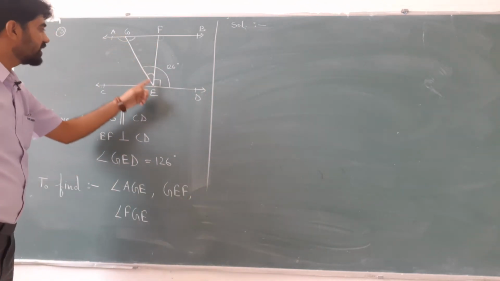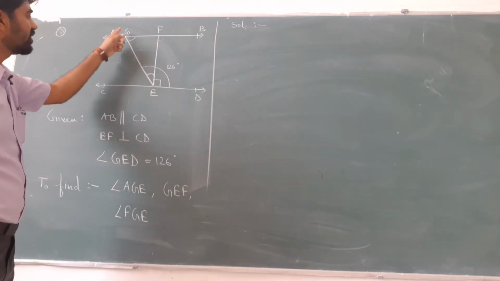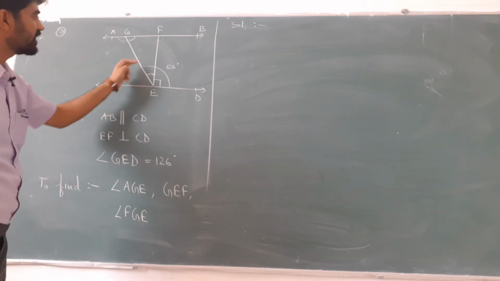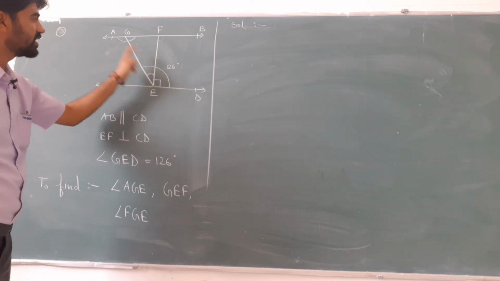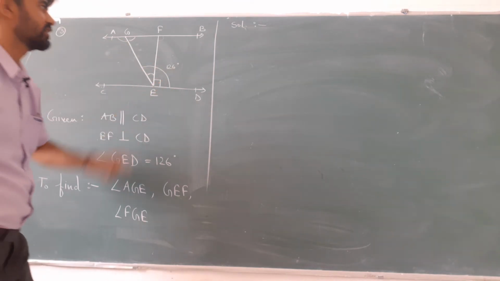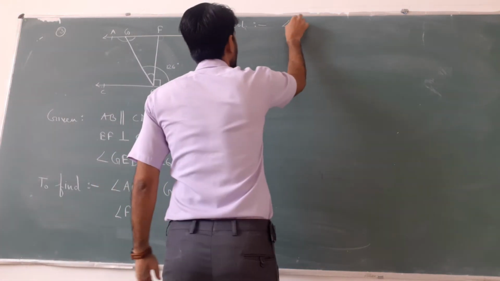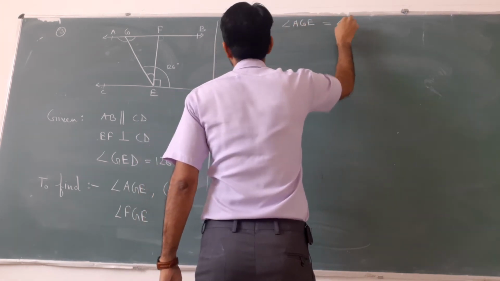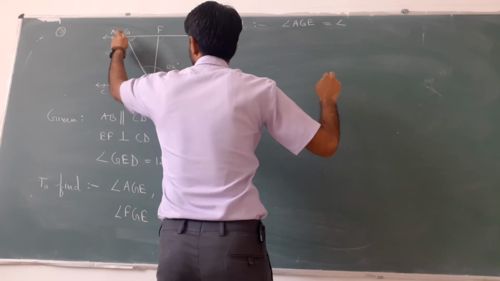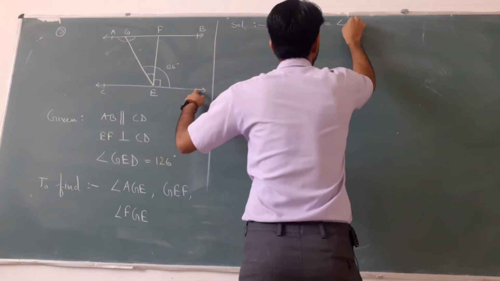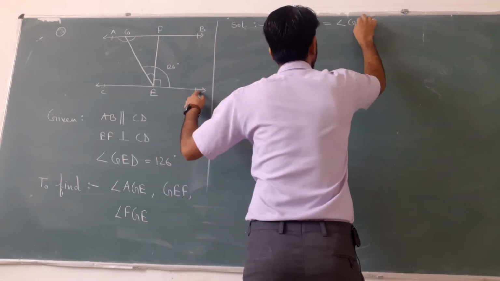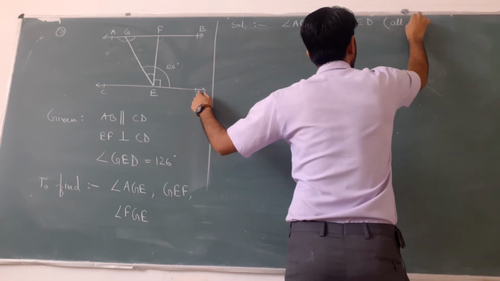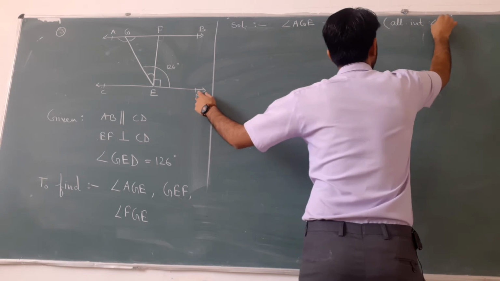Angle AGE will be equal to angle GED. Why? Because this angle and this complete angle, these are alternate interior angles. So angle AGE is equal to angle GED, reason: alternate interior angles.